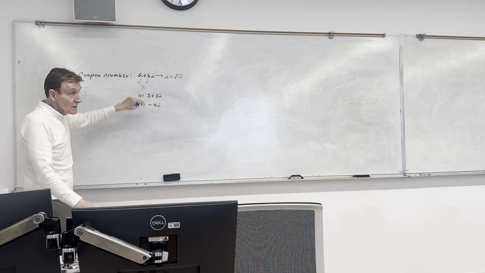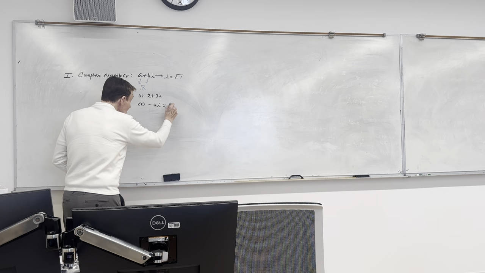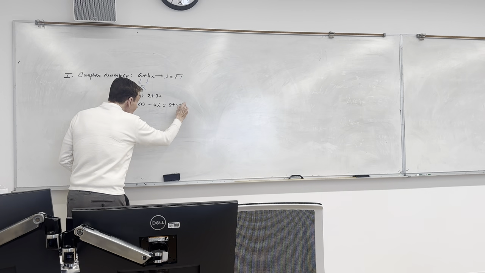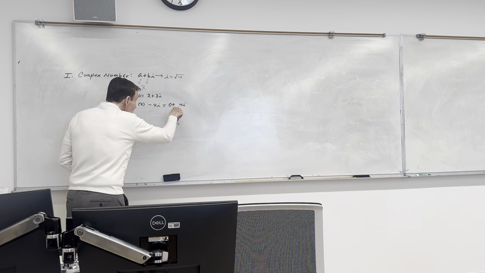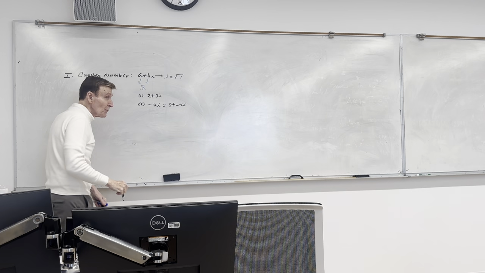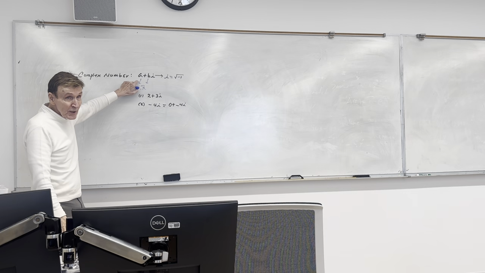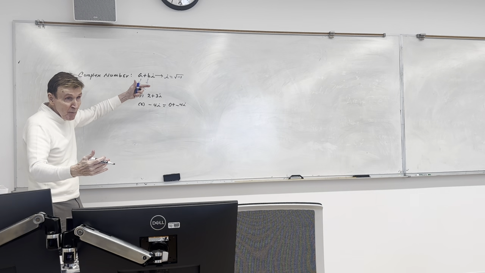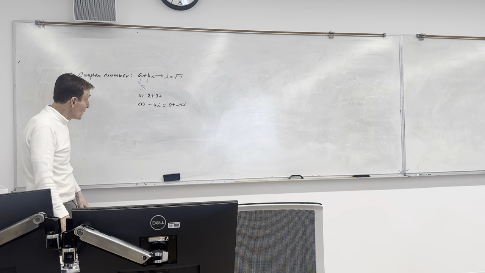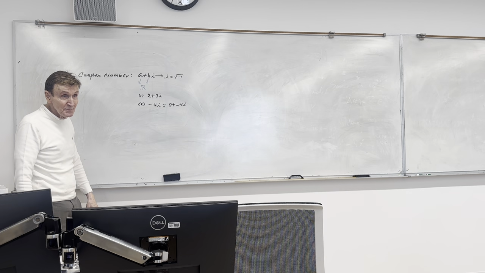Could I rewrite this as that? Is that the same thing as the original -4i? And did I satisfy this restriction? Are the a and the b, the 0 in my case and the -4, real numbers?